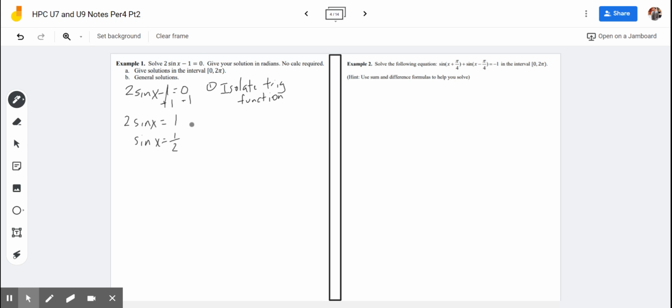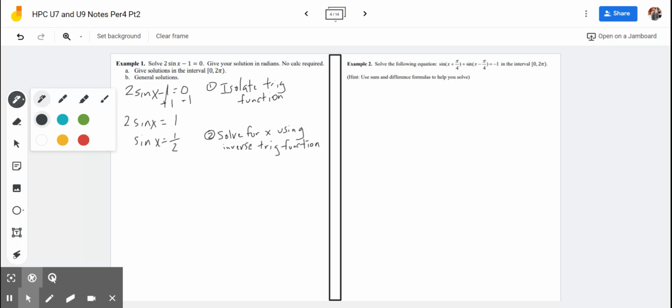And in this case, this is a unit circle value that you should recognize. But normally, if this was not a unit circle value that we recognized, what we would do is take the inverse trig function of both sides.